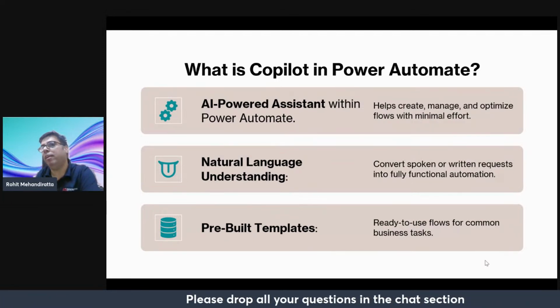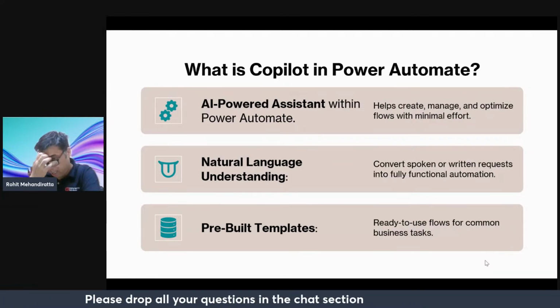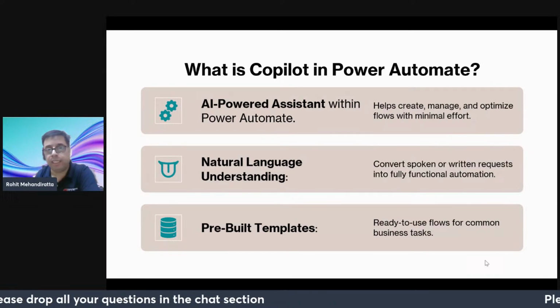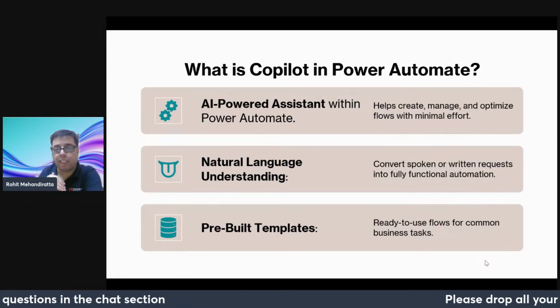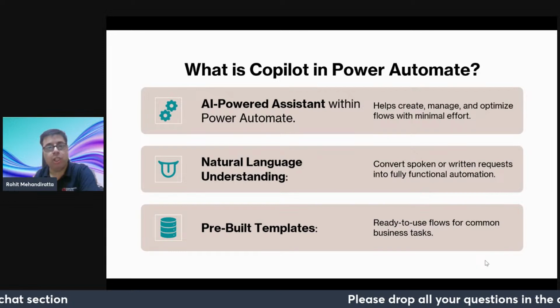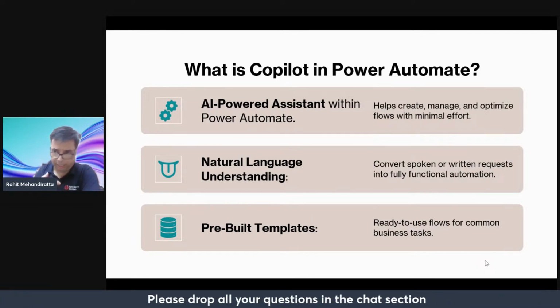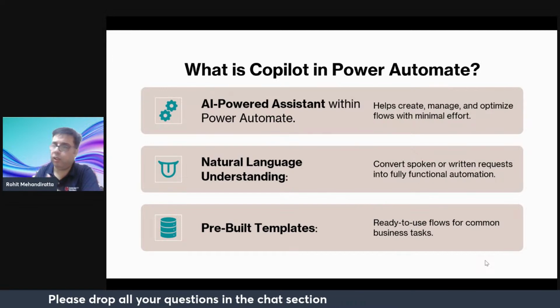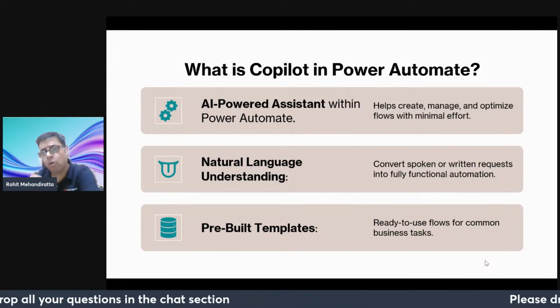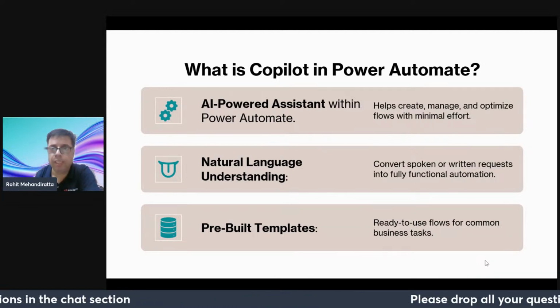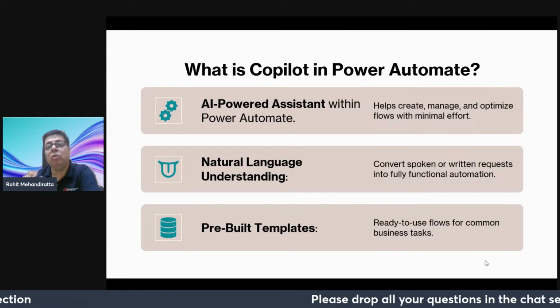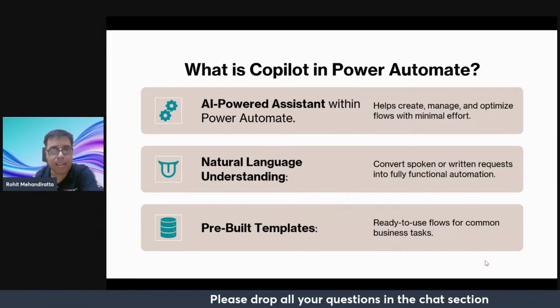For example, a flow which needs to be created so that a file gets transferred from one OneDrive folder to another automatically on a particular recurrence, let's say weekly, monthly, or daily. Now, you do not need to do that manually, and neither do you need to create a Power Automate flow right from scratch.